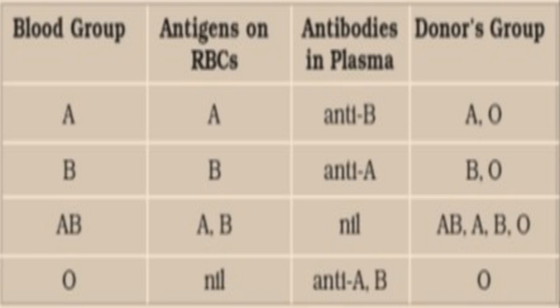That's why it can accept blood from AB, A, B and O, because there are no antibodies. If antibodies are present, for example in blood group A, there is antibody B. If the donor's blood is B, then the antibodies kill that. They kill that.